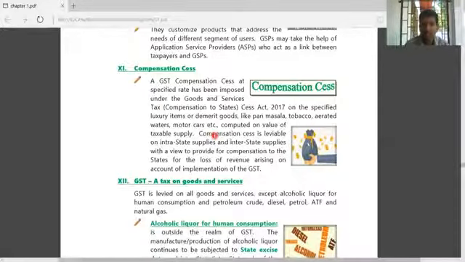And why is it levied? It is levied on intrastate supply and interstate supplies, with a view to provide compensation to the states for the loss of revenue arising on account of implementation of GST. Due to implementation of GST, some state governments might have lost revenue. We have seen service tax was paid to the central government, VAT was paid to the state government, central excise duty was paid to the central government.